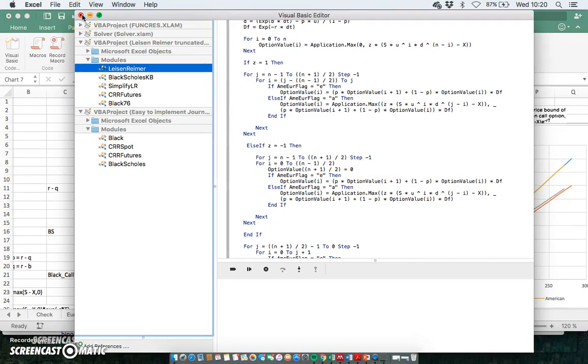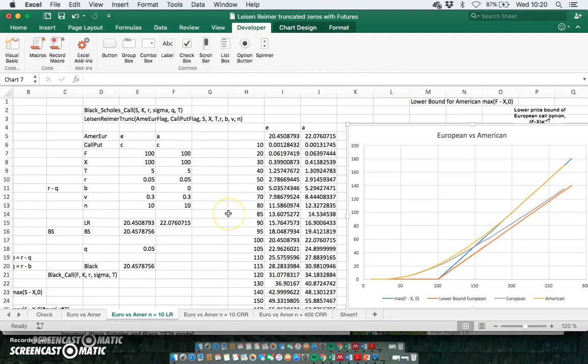A good deal of the Leisen-Reimer tree will contain 0 values on the nodes, and being able to truncate will speed up the estimation process.